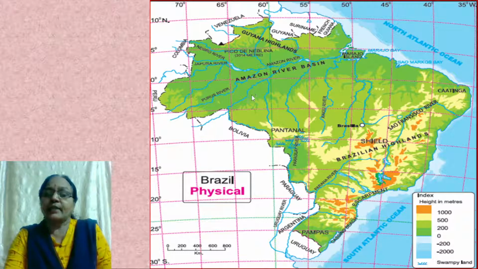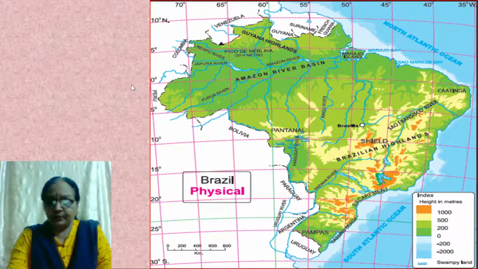Okay, and the Amazon River is also joined by many tributaries. If you see Purus, Japura, Negro River, these are the various rivers which meet the Amazon River along its way, and it flows into the North Atlantic Ocean.